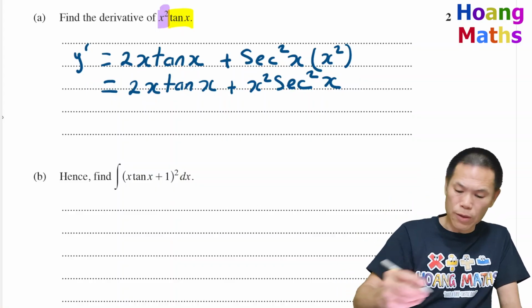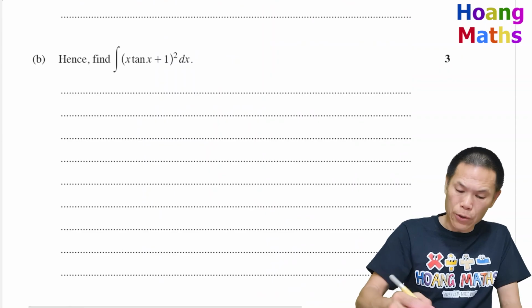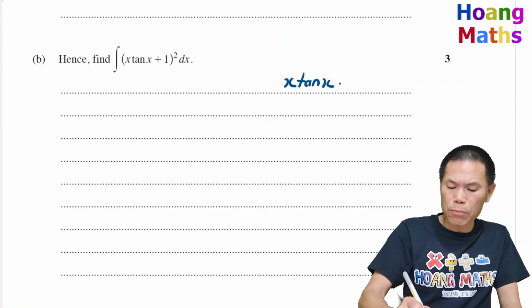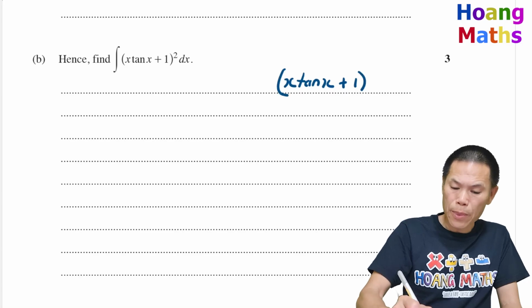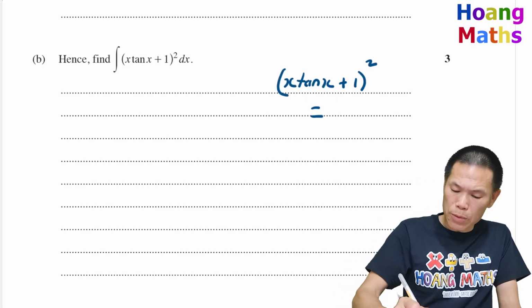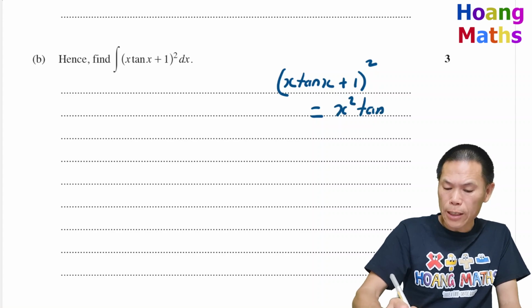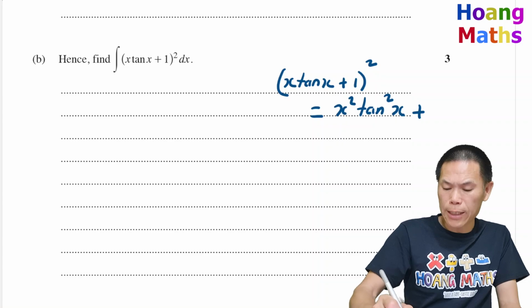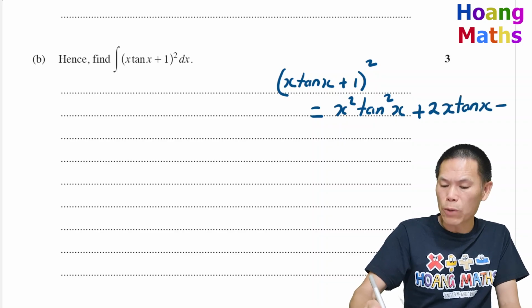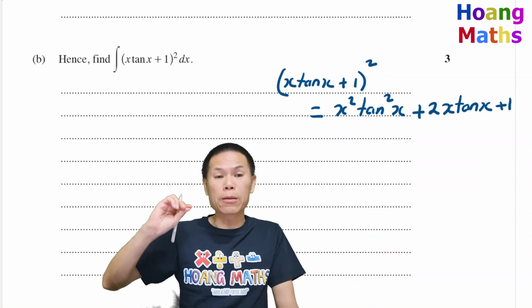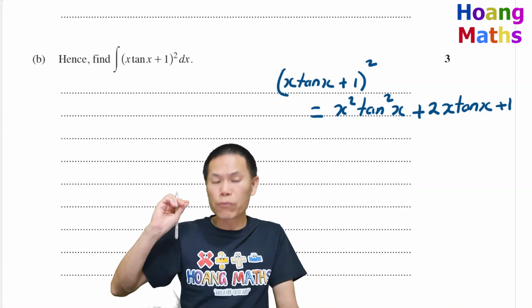If I expand x tan x plus 1 squared, it gives x squared tan squared of x plus 2x tan x plus 1 squared. Otherwise you can just expand it manually by removing the two brackets.